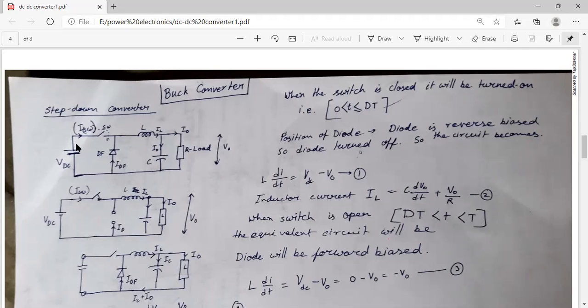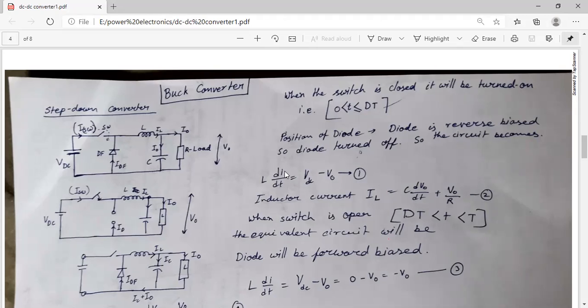The current now is not passing through this switch. The current is passing through the diode in this way. That current is IDF, and that will be circulated through IL, IC and I naught.